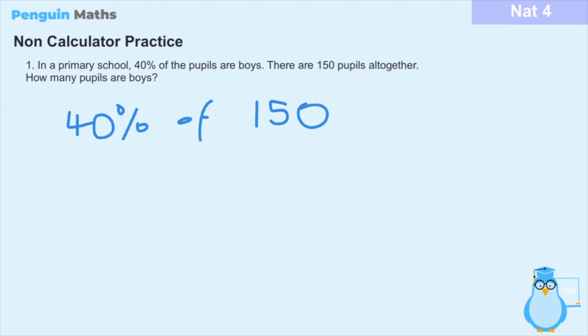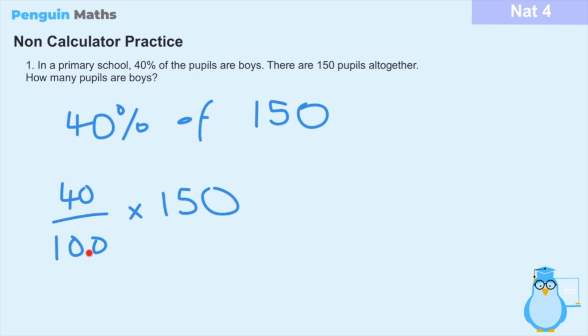And the best way to do this is to convert the percentage into a fraction. So if we have 40%, we know that is the same as 40 divided by 100 as a fraction. And when we say a percentage of something, what that really means is multiplying it by whatever we want to figure out. So 40% of 150 is the same as saying 40 over 100 times 150.